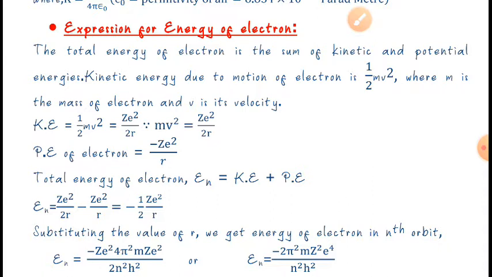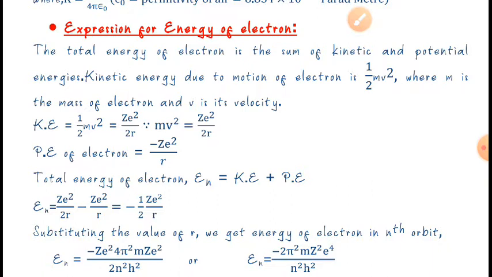Once again, the potential energy of the electron at a distance of r from the nucleus will be equal to the work done in moving the electron from infinity to that point at a distance of r from the nucleus.